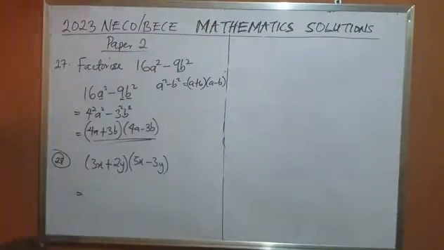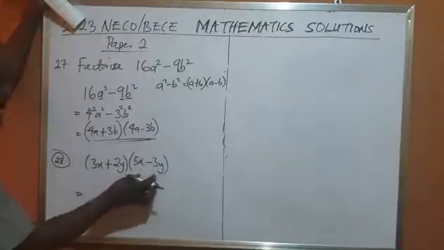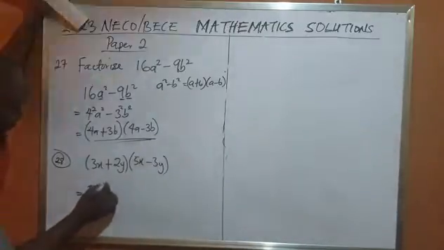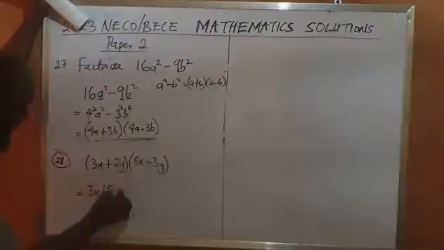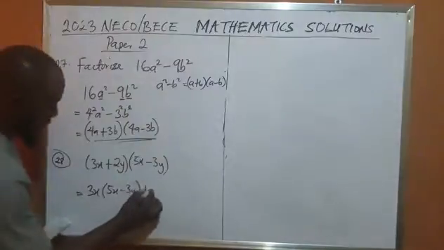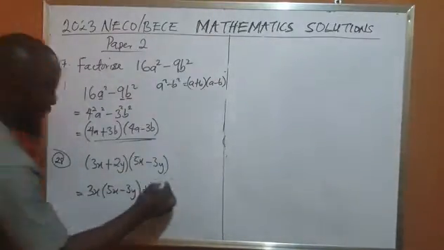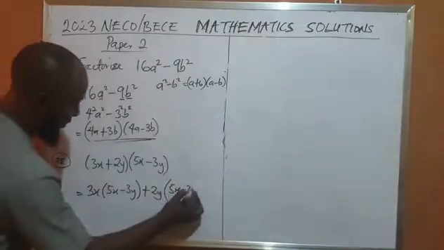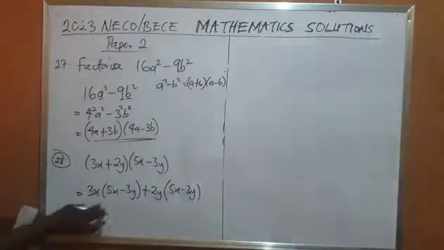I've explained how to expand. We use the terms here to open this bracket. So what we're going to have is 3x into bracket 5x minus 3y, we close it, plus 2y into a new bracket, same thing, 5x minus 3y. Now we open the brackets.